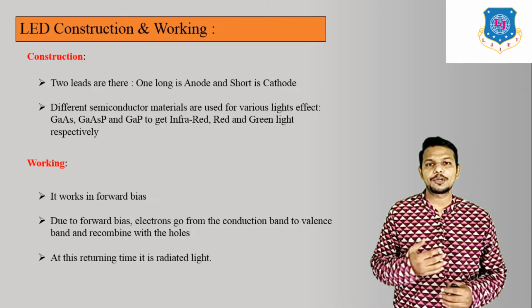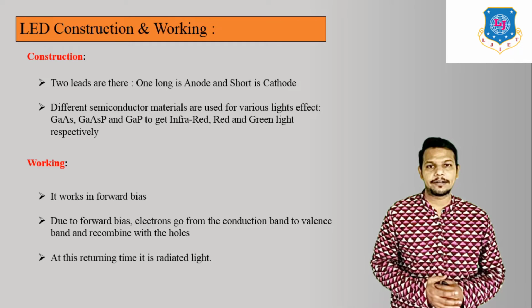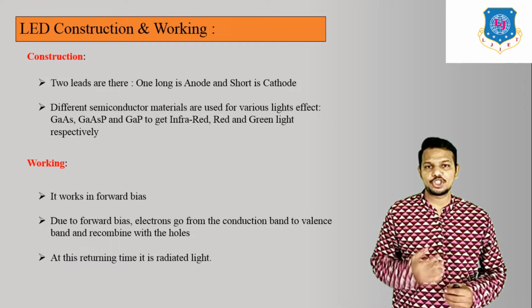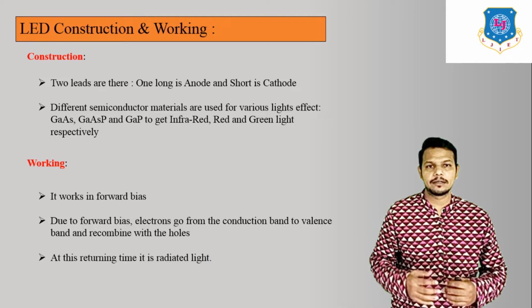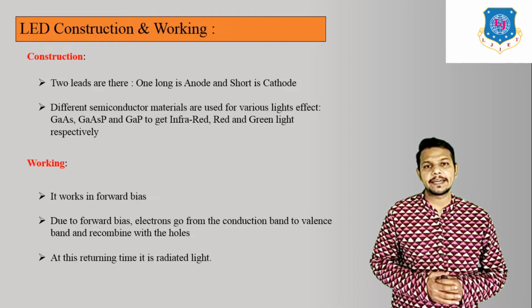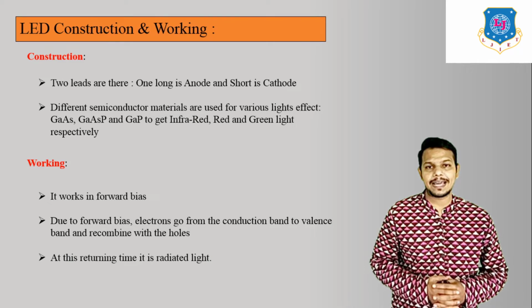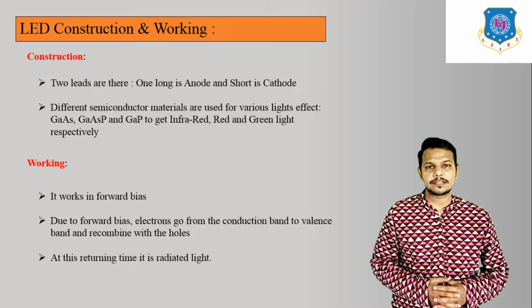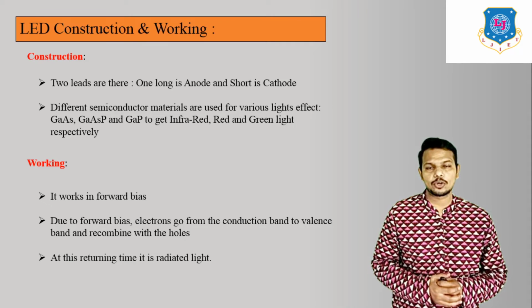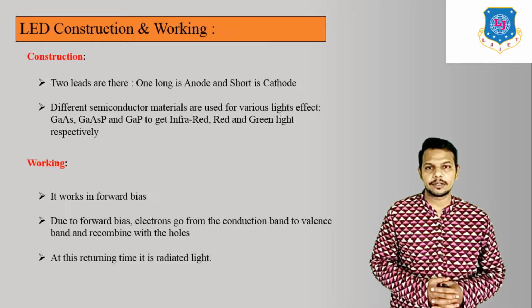If you are using GaAsP, then you will get red light. If you are using GaP, then you will get green light. So the material indicates its light, and SiC indicates white light. According to your application, you can use different types of material.